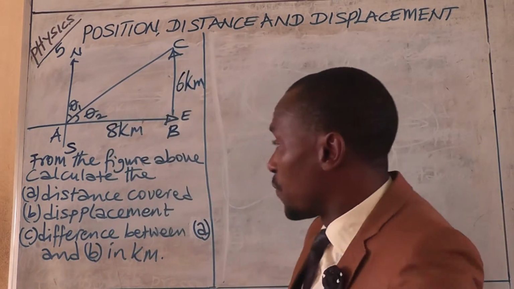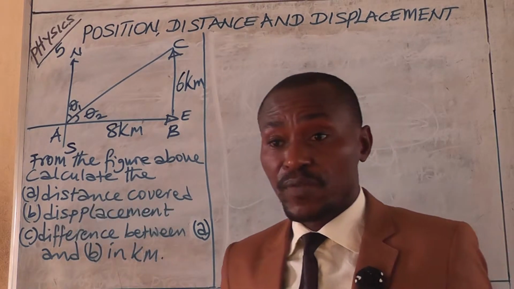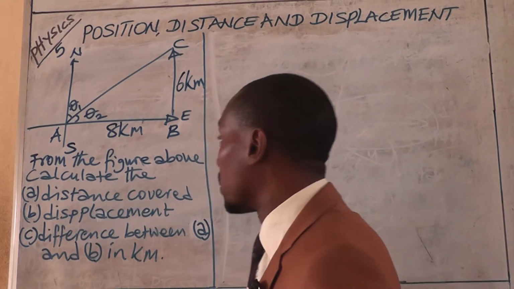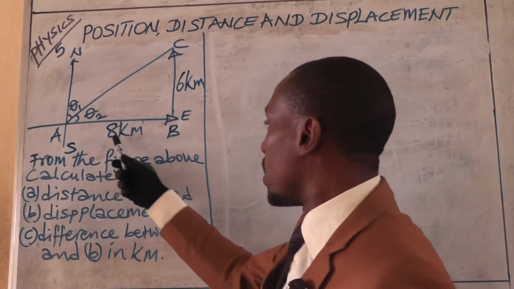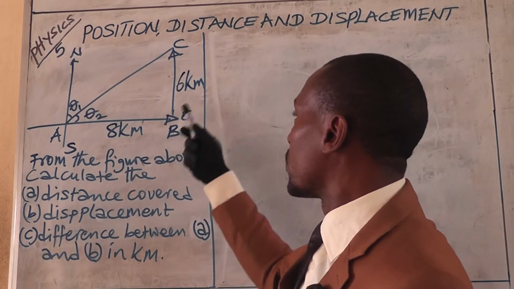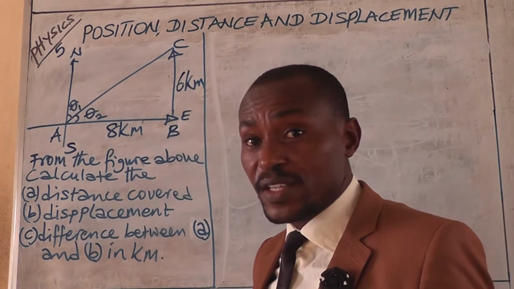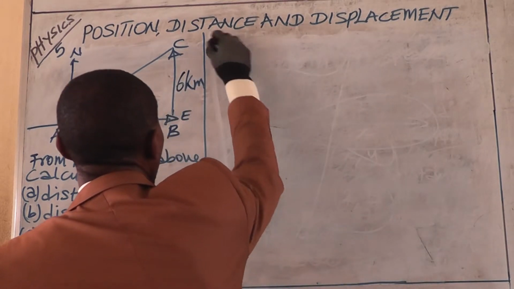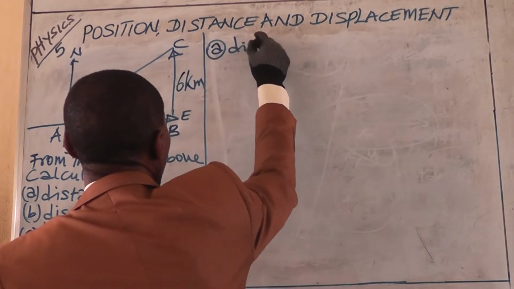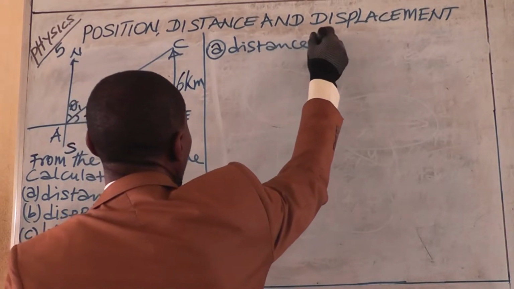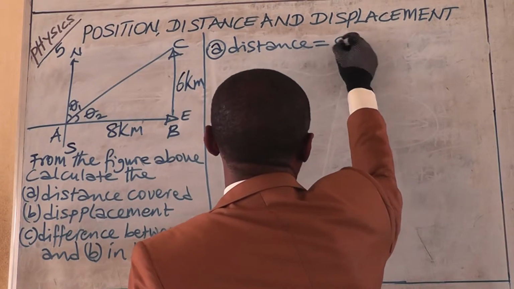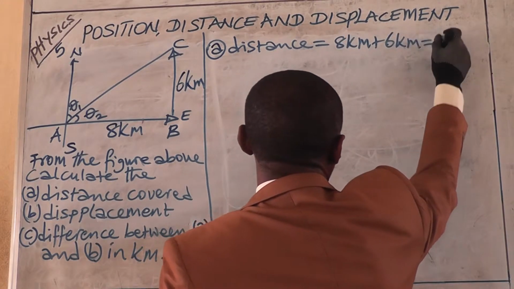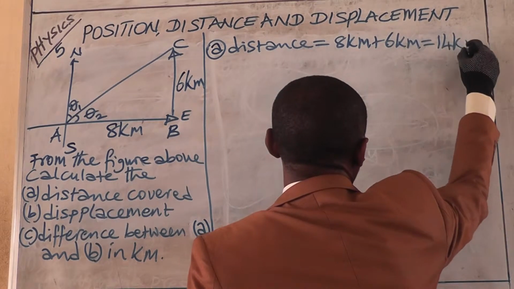Now we are asked, the first question there, what is the distance? Remember the definition for distance, the total length covered by the moving object. The first length is A to B, 8 kilometers. The second length, plus 6 kilometers. So what is the distance? 14 kilometers. Let's write it down. So our A, distance, is equal to 8 kilometers plus 6 kilometers, which gives 14 kilometers.